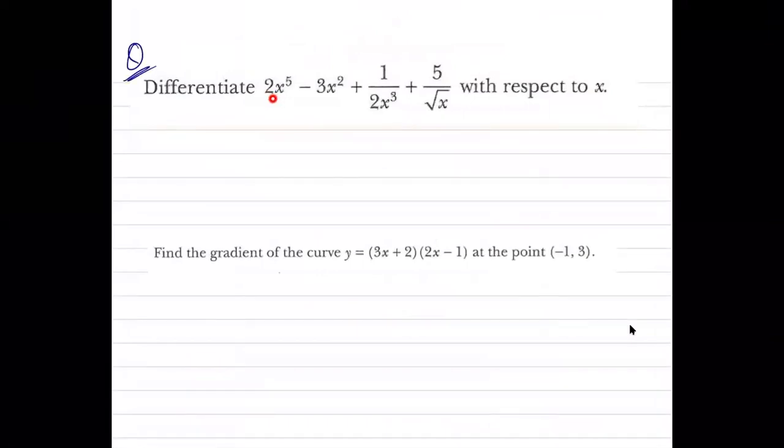Differentiate 2x to the power 5 minus 3x squared plus 1 upon 2x cubed plus 5 upon root x. You need to differentiate this expression with respect to x.